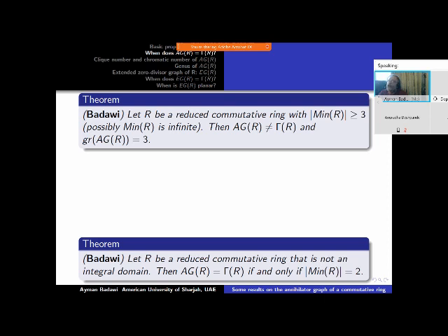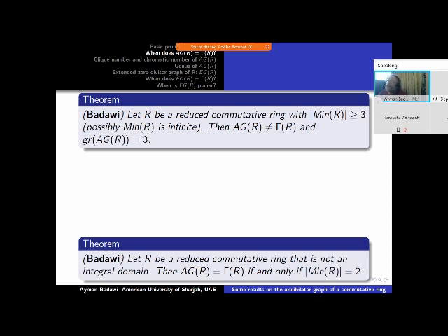For example, if you take a product of 3 fields, like Z3 cross Z5 cross Z7, then definitely the number of minimal prime ideals here is what? 3.